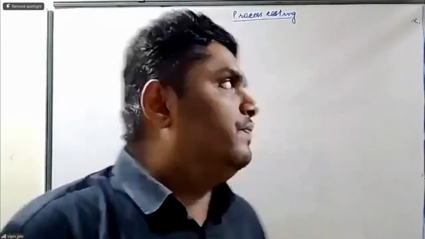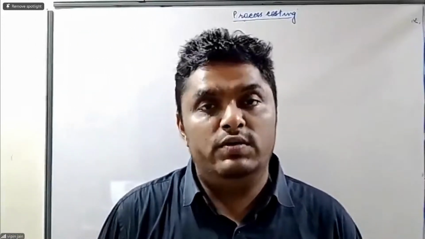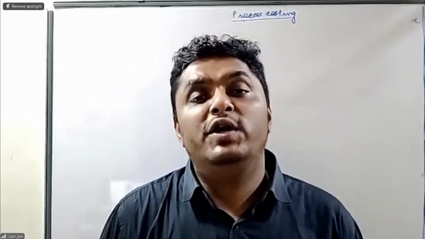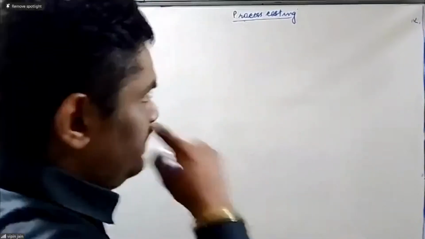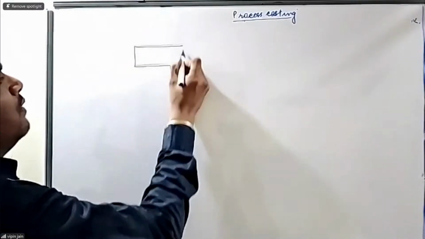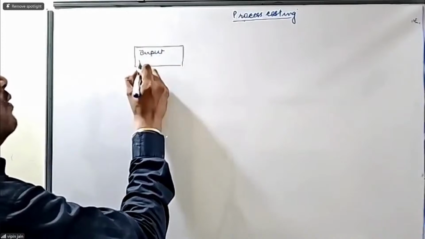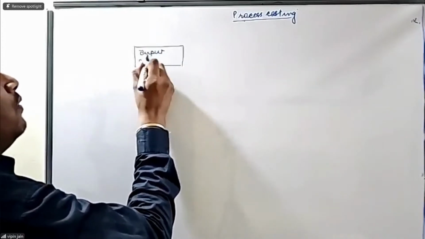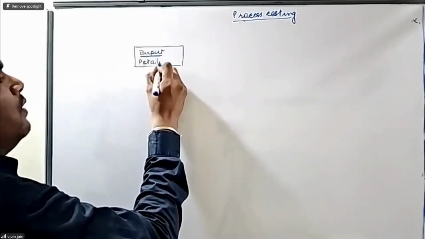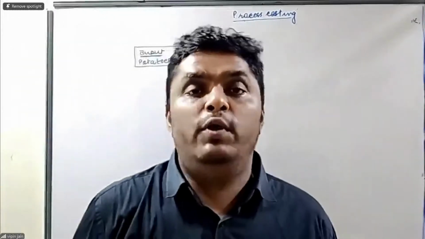Now, let's discuss this mechanism with the help of a practical example also. Let's say I'm the manufacturer of potato chips from potatoes. My input is potatoes.